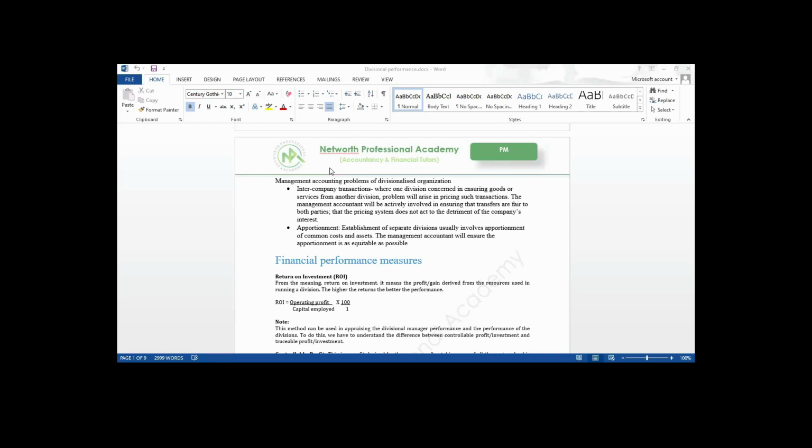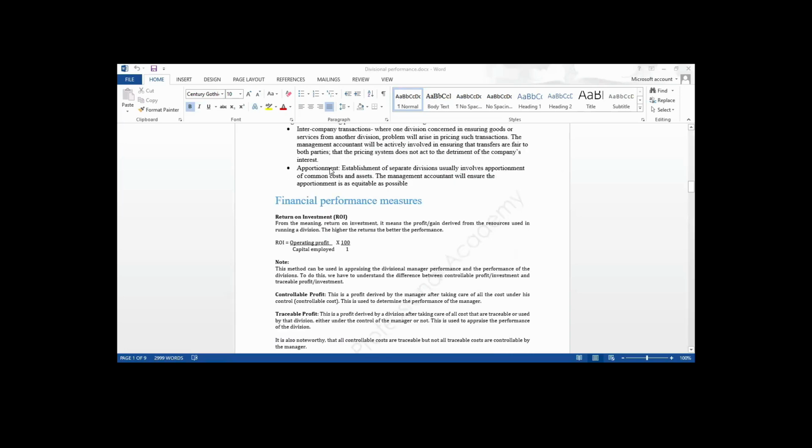Now, HR has incurred costs. How would this cost be shared to the different divisions? We'll get to that. The management accountants will ensure that the apportionment is as equitable as possible.